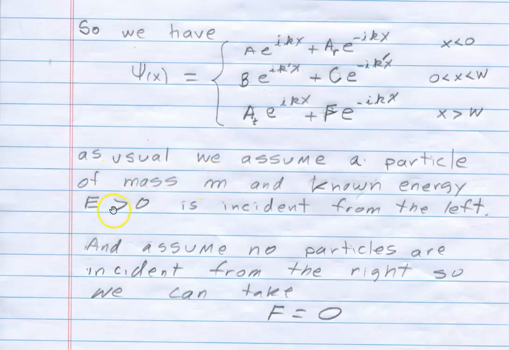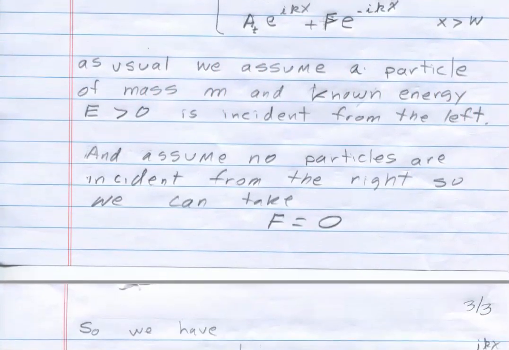This reiterates that energy is bigger than 0, with known energy and known V naught. Now I'm going to assume, like we always do on these scattering problems, that we're only firing particles in from the left side of the potential, from minus infinity going toward the right.